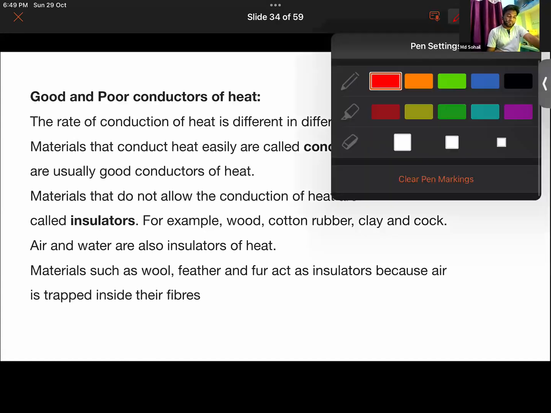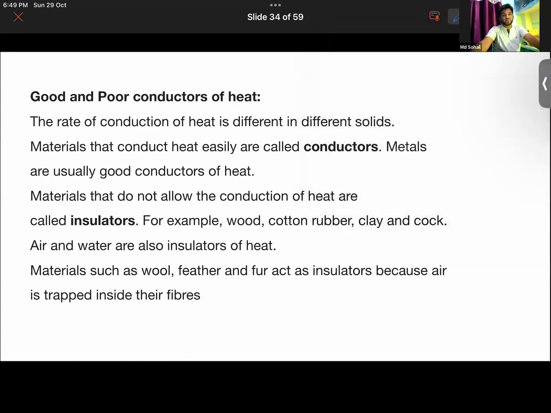Then we get to see that there are different materials around us. If you were to touch a plastic object and touch an object made of metal, both of them will have different temperatures.